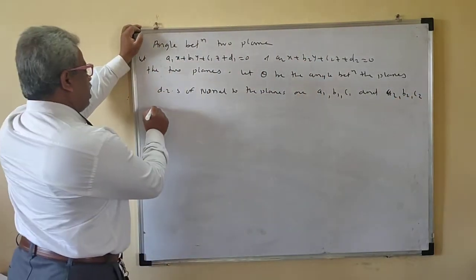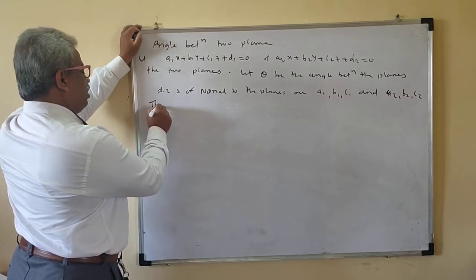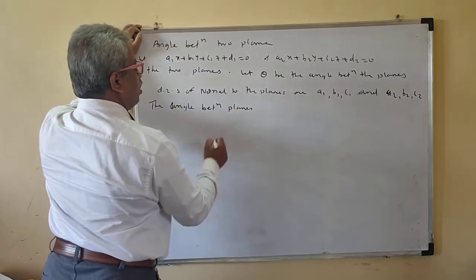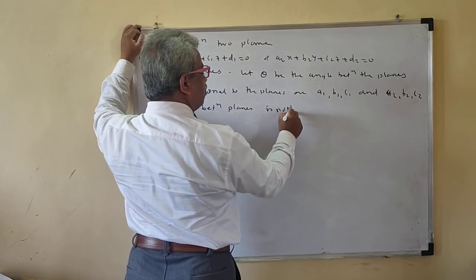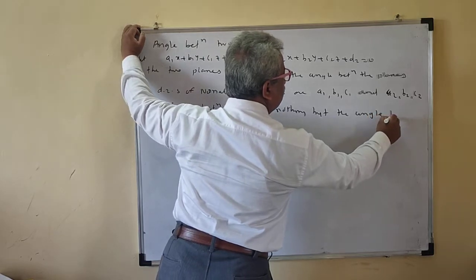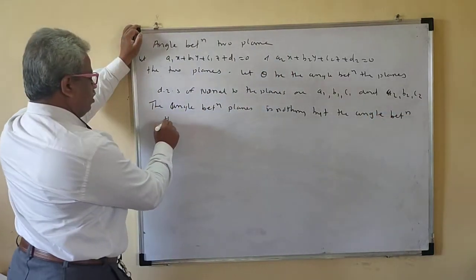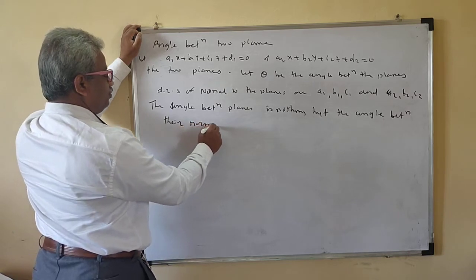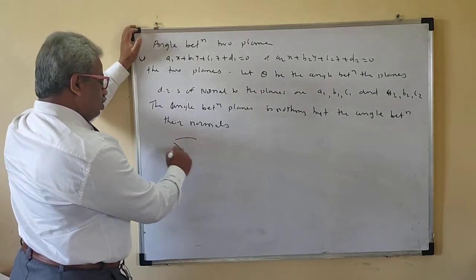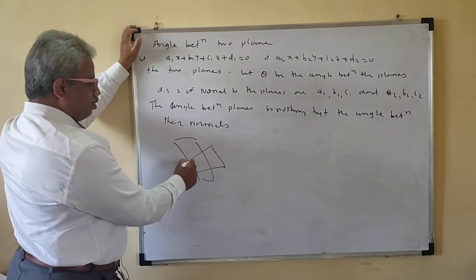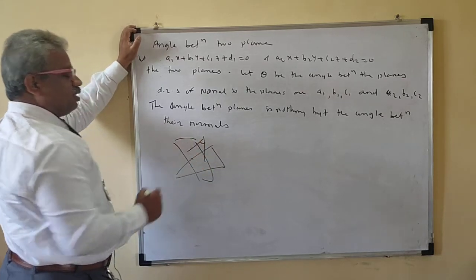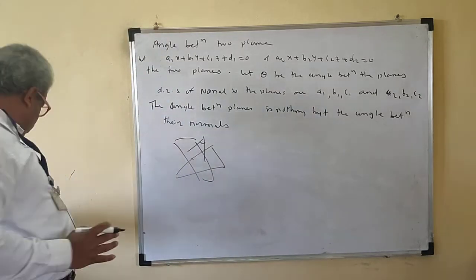So theta, the angle between the planes, is nothing but the angle between their normals. So see, suppose you have these two planes. Whatever this angle is, if this is perpendicular to this one, then this angle is the same as this angle. So it is the angle between their normals to the planes.